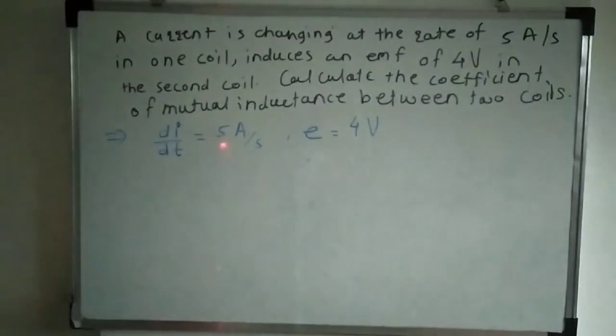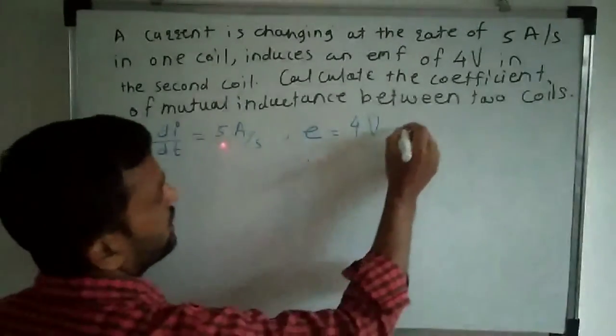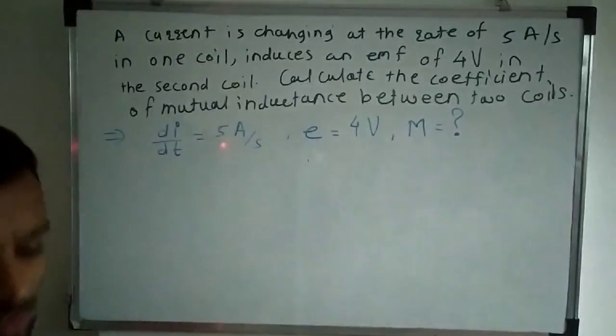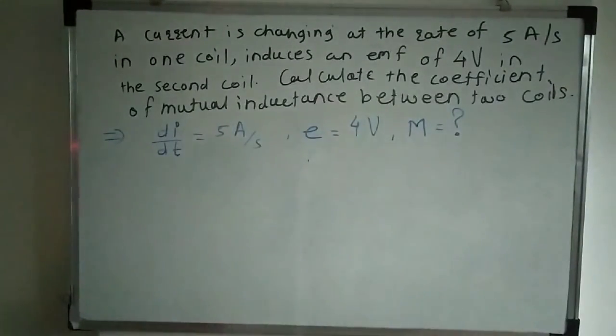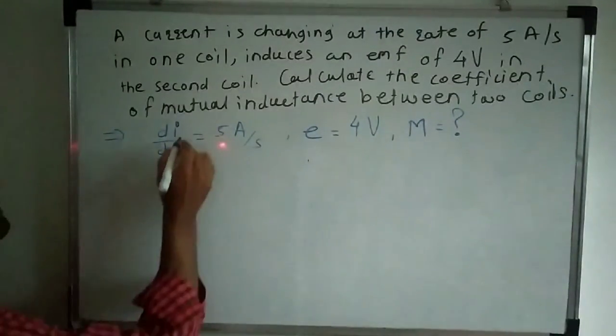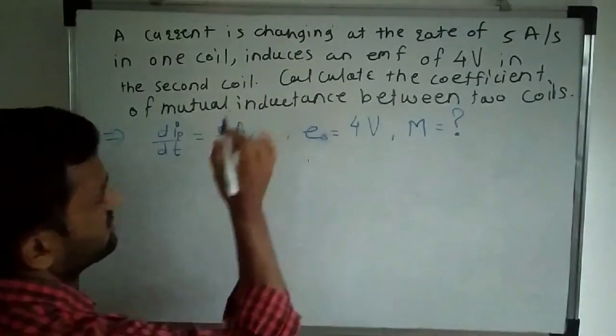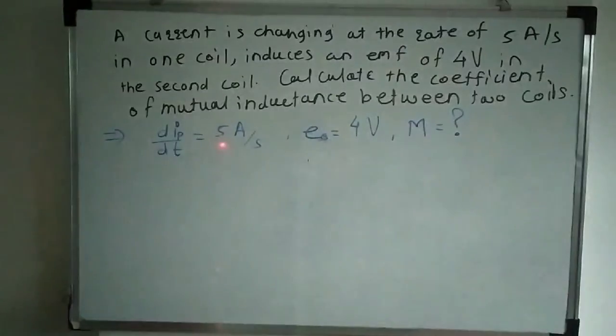Calculate the coefficient of mutual inductance. What is the symbol for the mutual inductance? It is denoted by capital M. What would be the value of capital M? The EMF induced in the secondary coil is given, and the rate of change of current in the primary coil is also given.